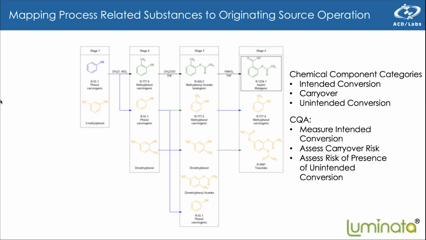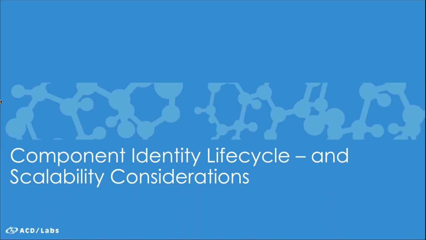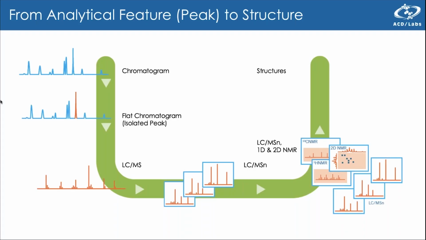So just some additional notes here, when it comes to that component identity lifecycle, characterizing a substance through chromatographic or spectroscopic means, identifying components observed through that process based on spectral characterization, and understanding the scalability at industrial scale, I think is important. So this is a nice depiction of the identity life cycle. You get chromatograms through HPLC with UV detection.